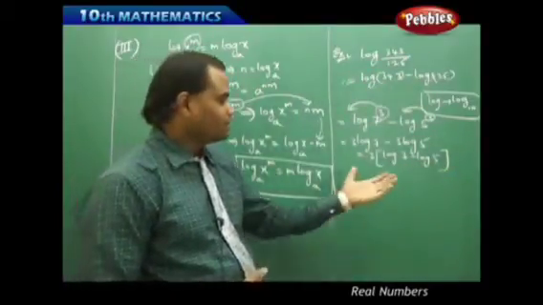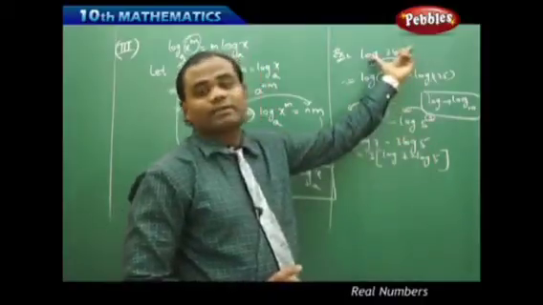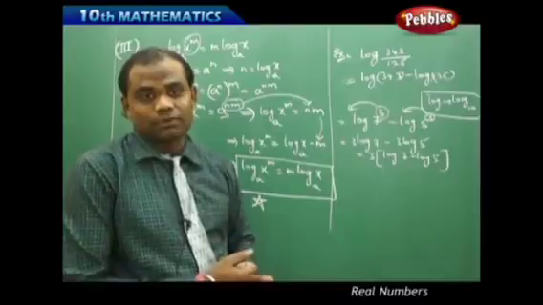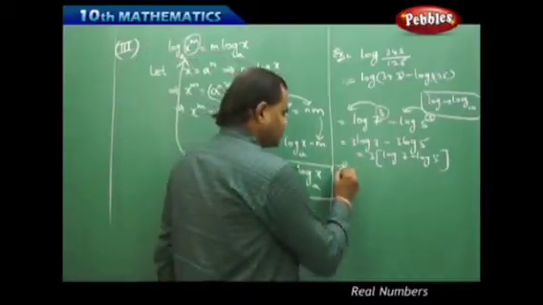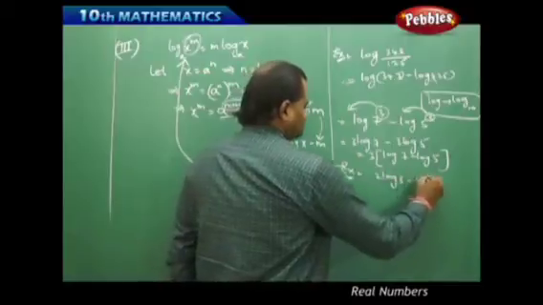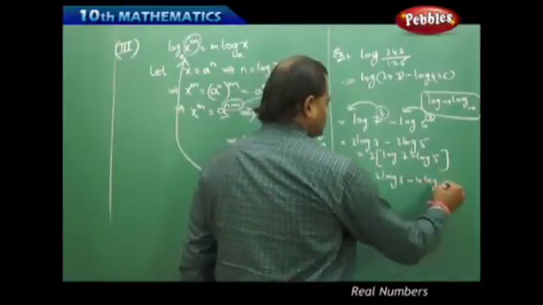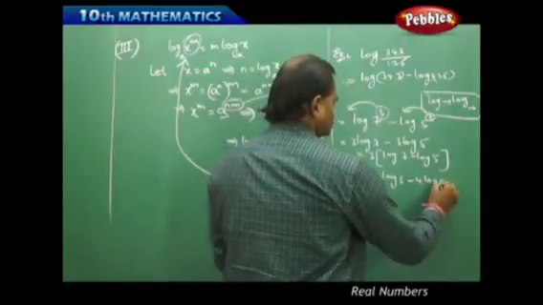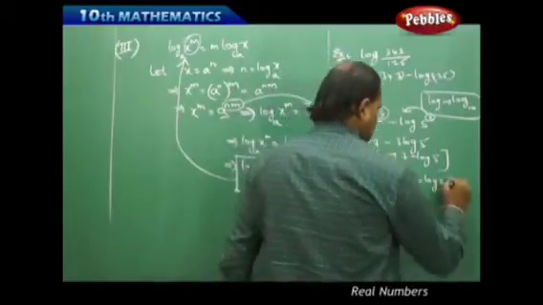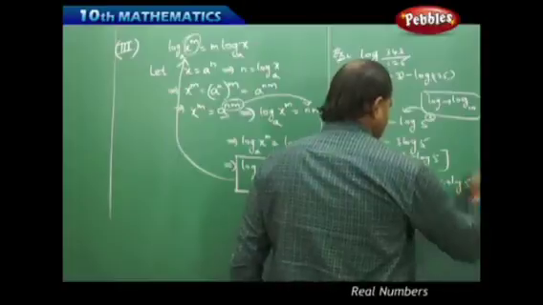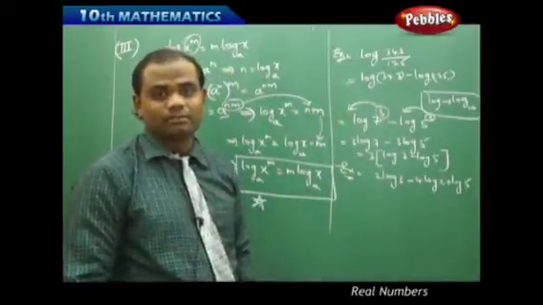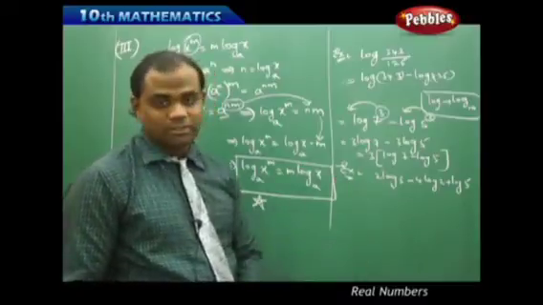Now what if I give this and ask you to find this, the reverse process? Can we do that? That is what we're going to see in the next example. Say for example, this is my question. I want to simplify this as a single logarithm where I have to simplify all these values.